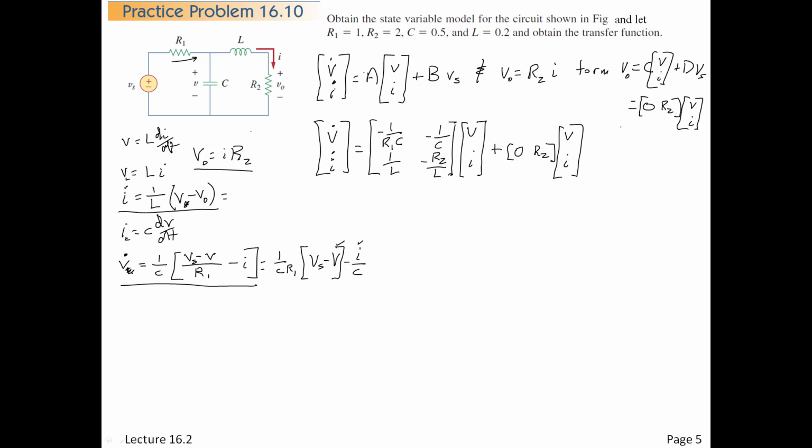Here's the two pieces. This term right here is our output equation, and this whole thing right here is our state variable equation. All right, so that's the model.